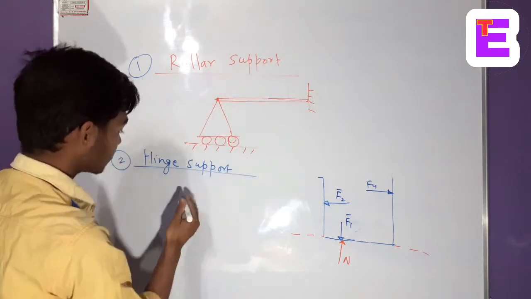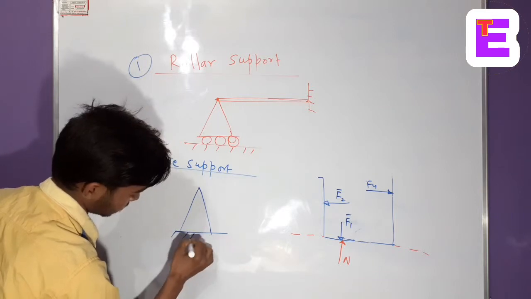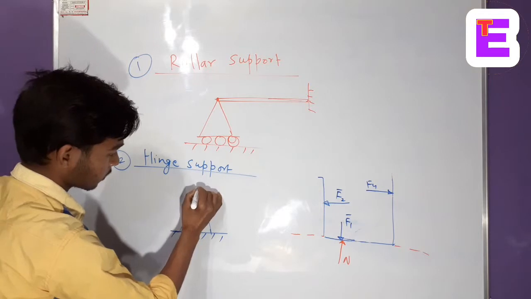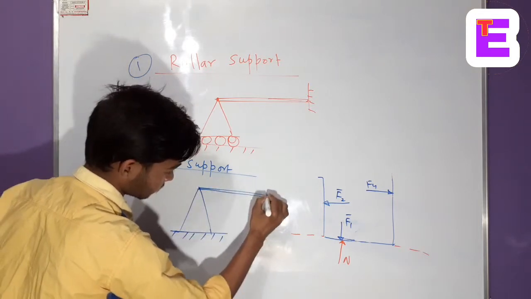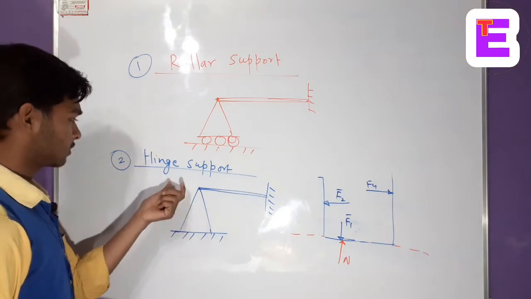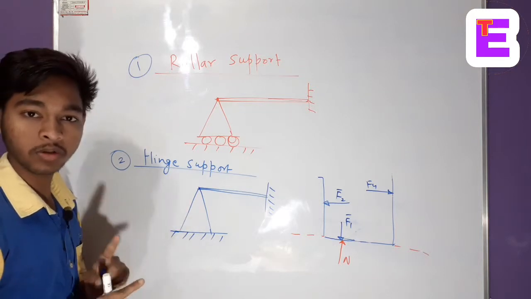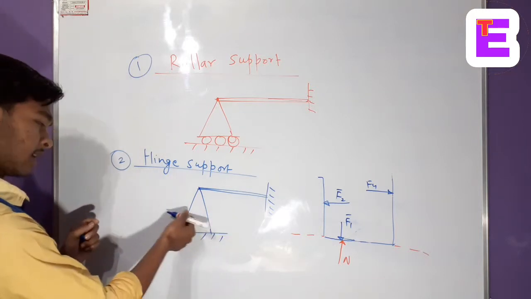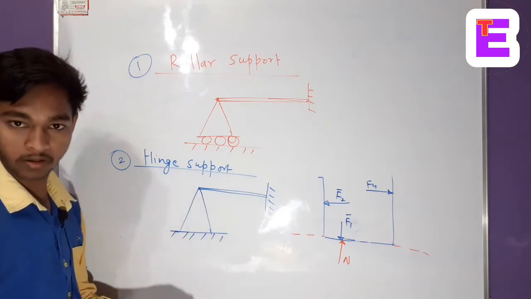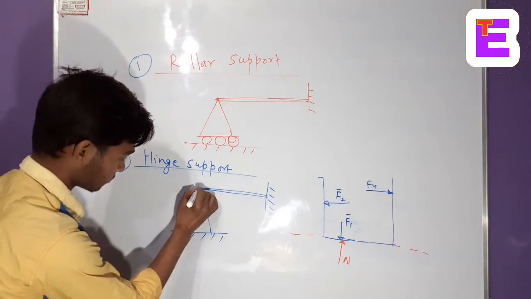Okay, the hinge support we denote like this. There is no roller. Say one beam is there. The hinge support doesn't allow movement in either the x direction or the y direction. Both directions it resists movement, and only allows rotation about this point.